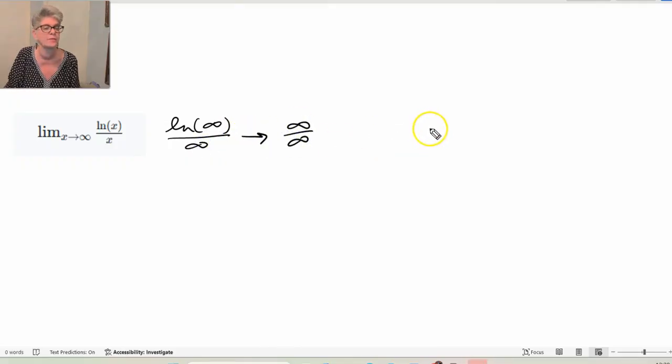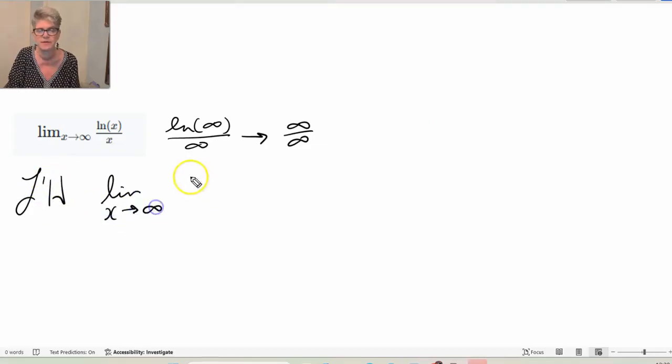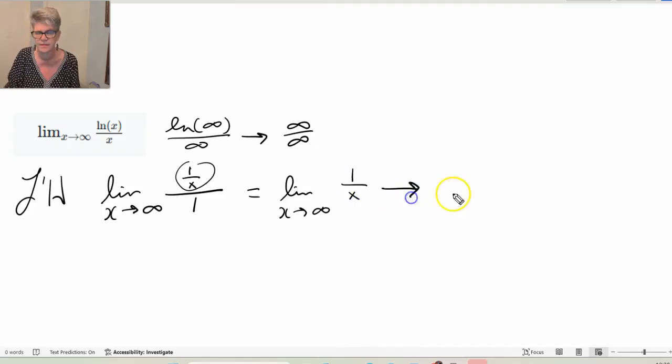Once again, an indeterminate form, so I'm going to use L'Hopital's, and this will be the limit as x approaches infinity of the derivative of ln of x, which is 1 over x, all over the derivative of x, and 1 over x over 1 is just 1 over x. And so that's going to head off to 1 over infinity, which is 0. So my answer is 0.